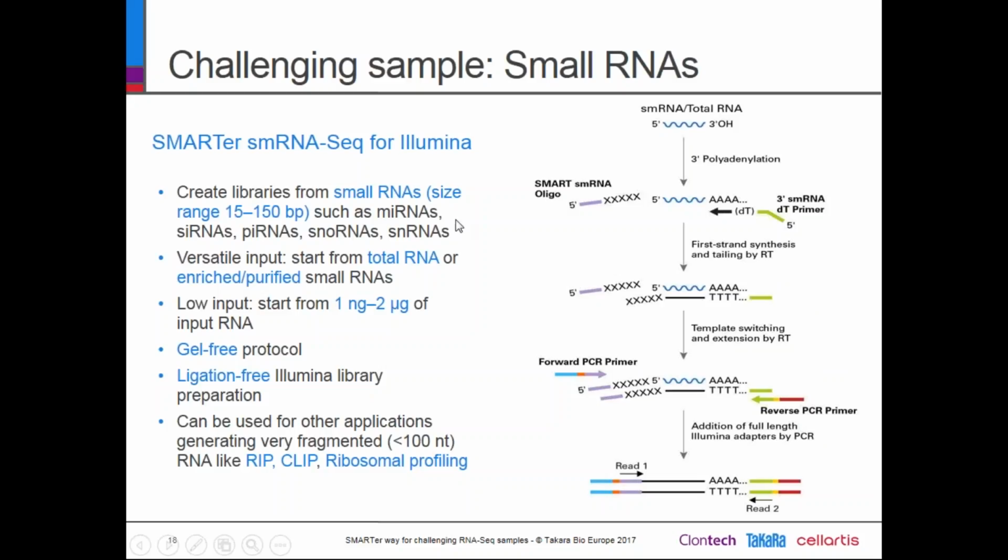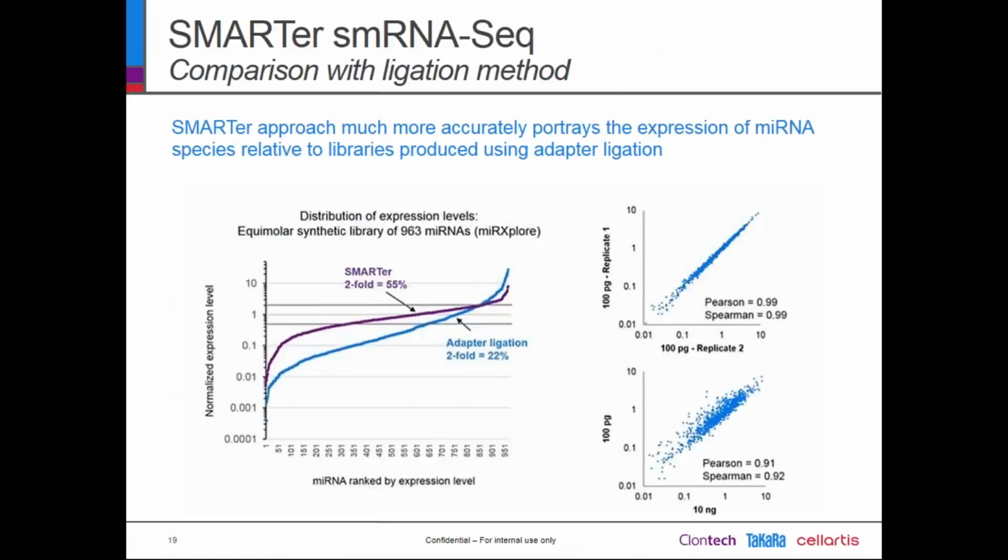Another advantage of this protocol is that it's selecting small RNAs by size, so you will capture anything between 15 and 150 base pairs. It's very useful for other applications that will generate small or short size RNA fragments, like RIP, CLIP, or ribosomal profiling.